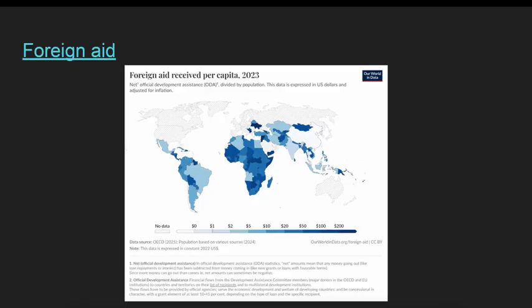And then finally, another explanation has to do with foreign aid. Now, there's been a really big debate among scholars who study foreign aid. Is it helpful? Is it not helpful? Right?